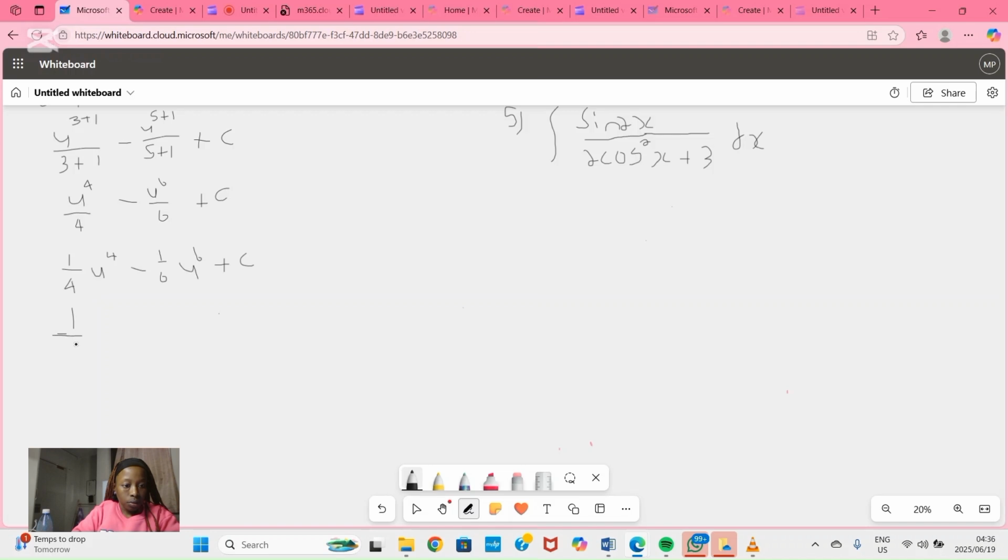And then instead of writing u, you're going to write sine, since we said we're letting u equal sine, so we're bringing that back to exponent 4.